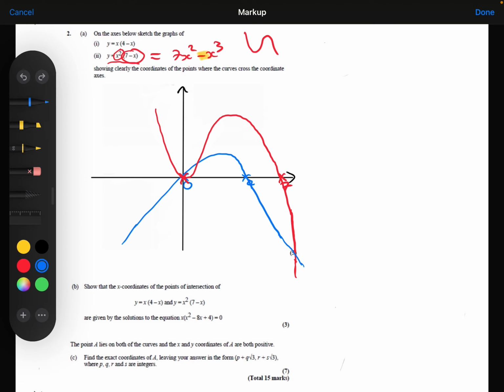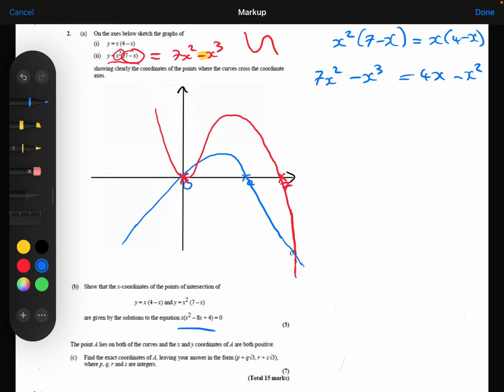Part B. Show that the x coordinates of the points of intersections are given by this equation here. So points of intersections are where we do simultaneous equations. So I'm going to take my two curves and make them equal to one another. Let's expand those brackets. So I'll get 7x squared minus x cubed is equal to 4x minus x squared.